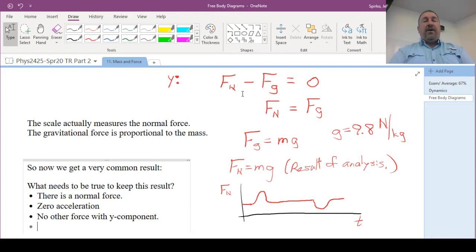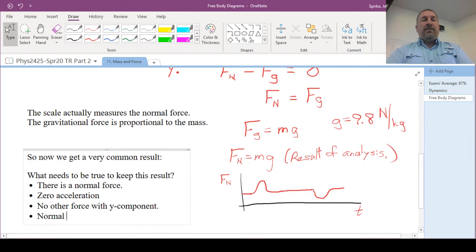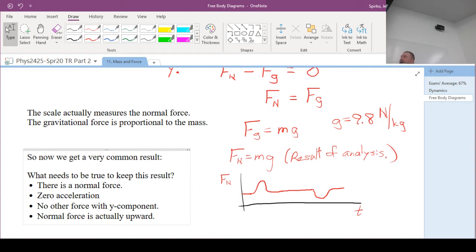That was part of the model. And if you make a situation where the normal force is not upward, then you break this model. So imagine an object on a crooked scale. Then the normal force tilts. And then this entire analysis breaks down.